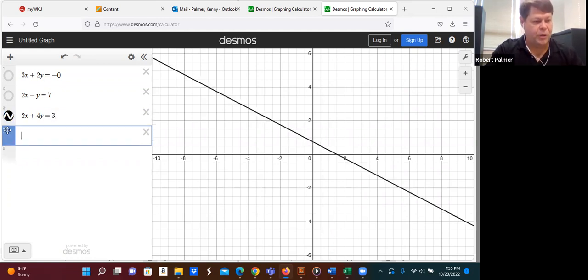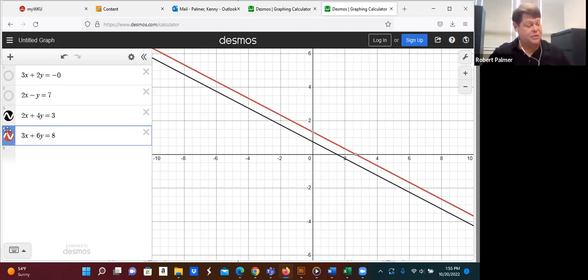And my second equation was 3x plus 6y is equal to 8. As you can see, those are parallel lines. So if you actually solve them both for y, put them both in slope-intercept form, you see they have the same slope. Since a solution is a point where the lines intersect, these lines never will intersect, and so there is no solution.